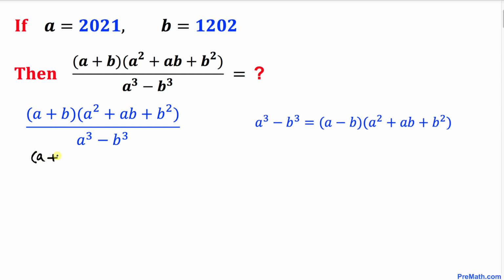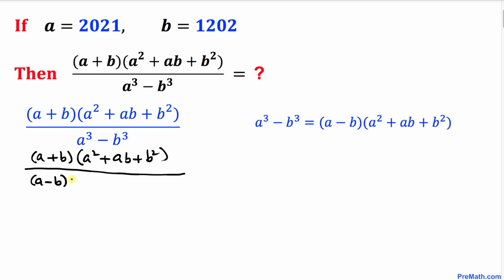I'm just going to leave everything as it is, A squared plus AB plus B squared, and then divided by, this is going to become simply (A minus B) times (A squared plus AB plus B squared).